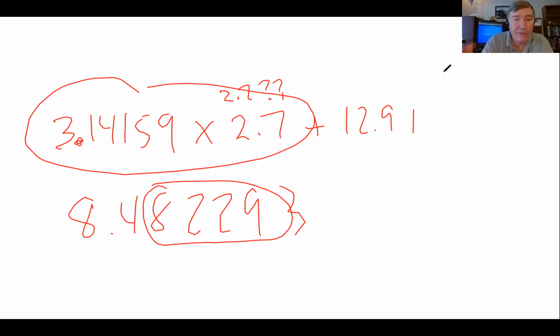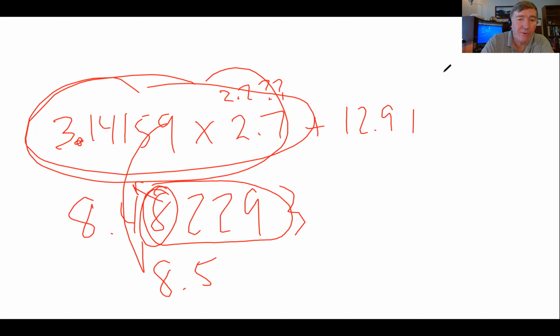So I'm going to have to round to 2 sig figs. And I know this number here is 8, so I'm going to round up. So this works out to be 8.5.